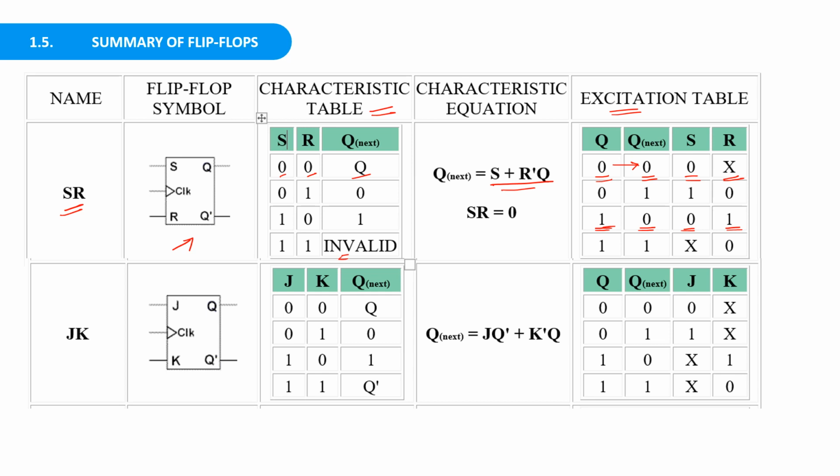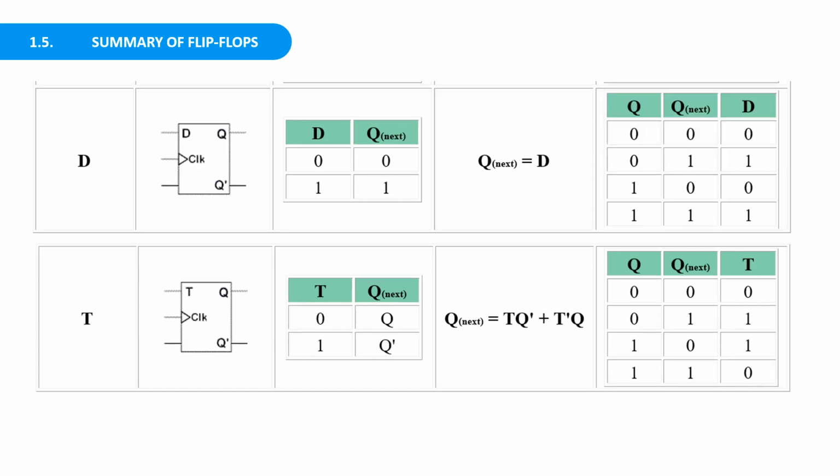The second one is the JK flip-flop. This is the symbol used. This is the characteristics table. This is the expression for the JK flip-flop, and this one is the excitation table. And this is the D flip-flop. It has a symbol, and it's a characteristics table or truth table.